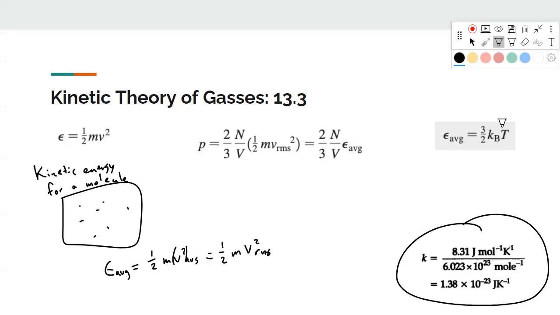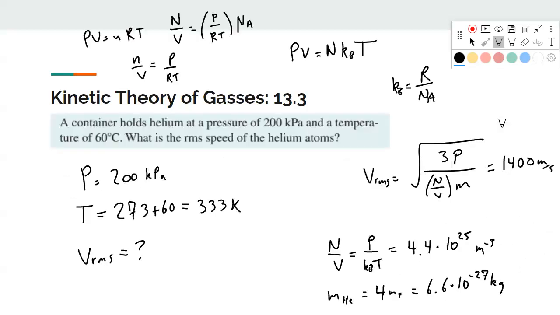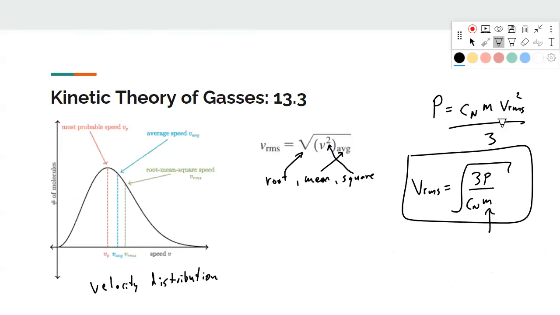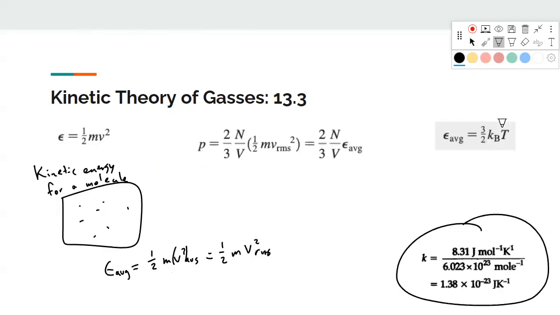Then we can put that into the pressure equation we had earlier. We were working with this pressure equation, and you can see that this equation has an m in it and a v RMS squared in it. So it's already really close to the average kinetic energy. All we have to do is put a 2/2 in this formula.